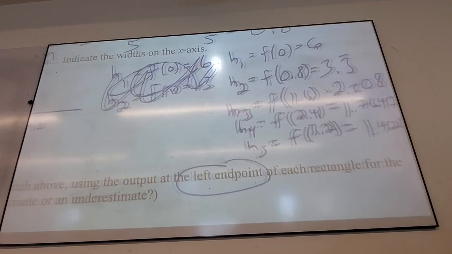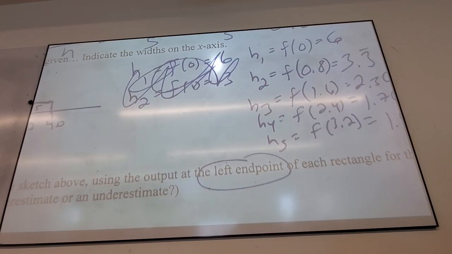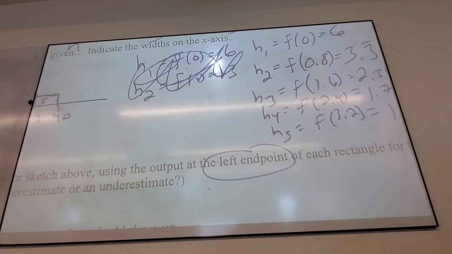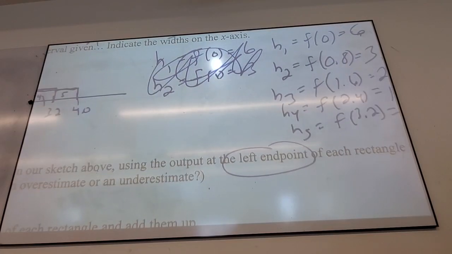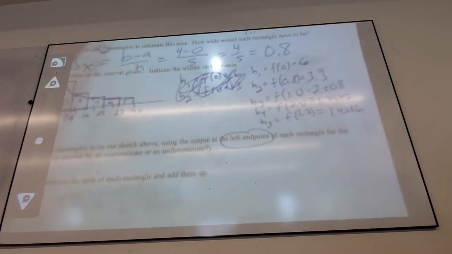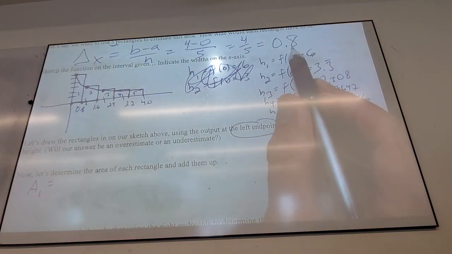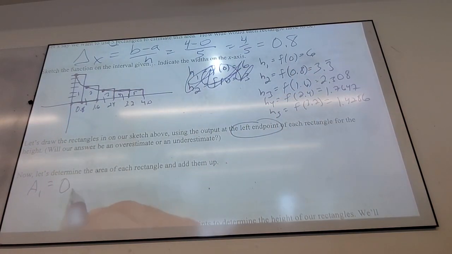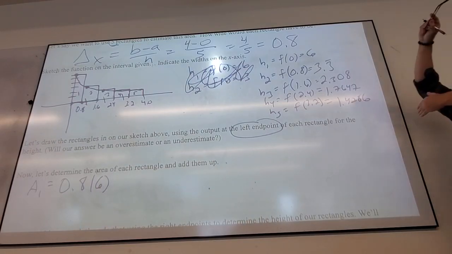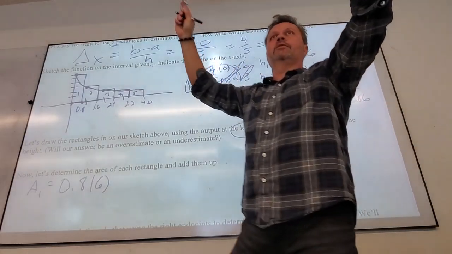So how do I get the area of the first rectangle? It's going to be how wide it is. Everything is 0.8 wide, right? So it'll be 0.8 times 6. I've got the height of the first rectangle, and the width of every rectangle is 0.8.